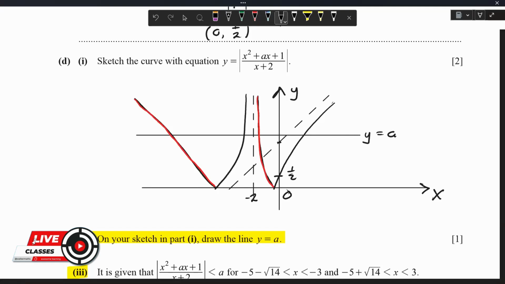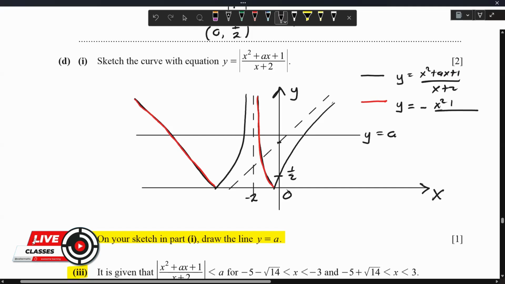The ones represented by the bold black line are for y is equal to (x squared plus ax plus 1) over (x plus 2), and the ones in red, the reflected ones, are minus of (x squared plus ax plus 1) over (x plus 2). Those are the two line segments we got.